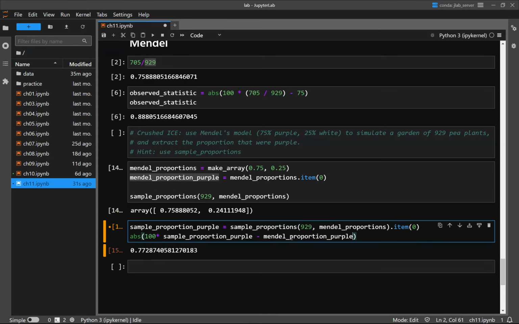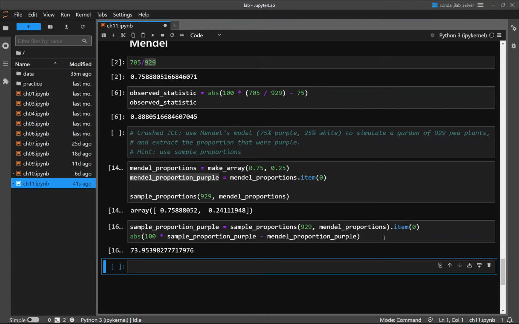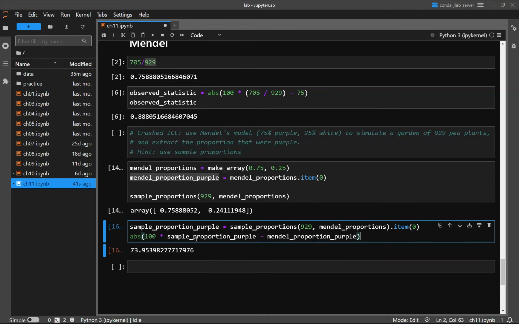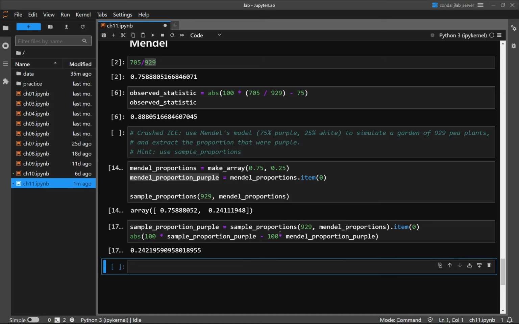Why not use variables? And that's going to be my number to show how far away this particular sample is. What have I done wrong? 100 times sample proportion purple minus Mendel proportion purple is supposed to be times 100 also, because this is not quite a percentage yet either. Minus 100 times that. There we go.